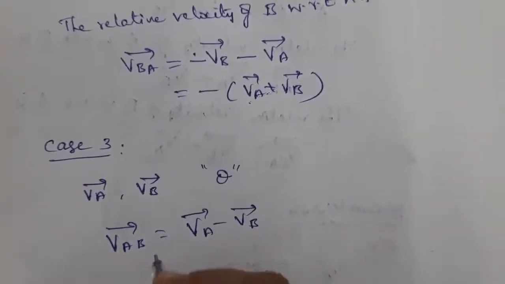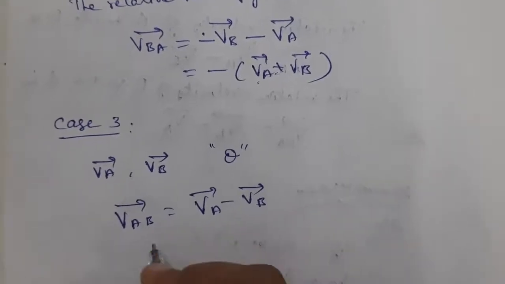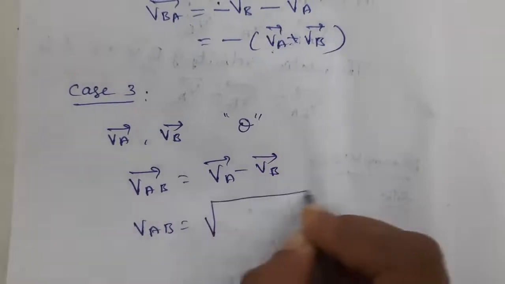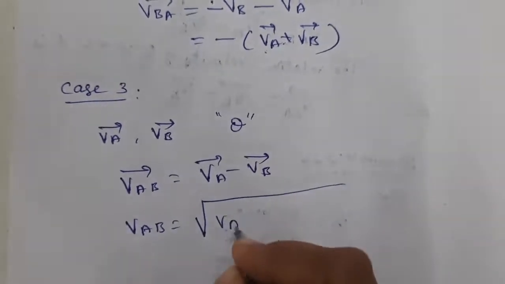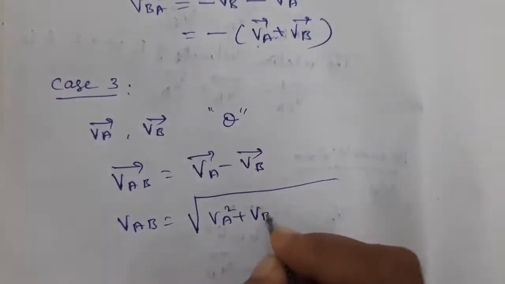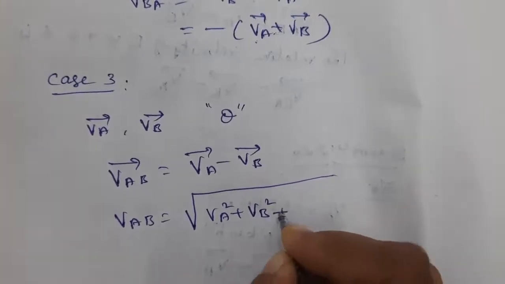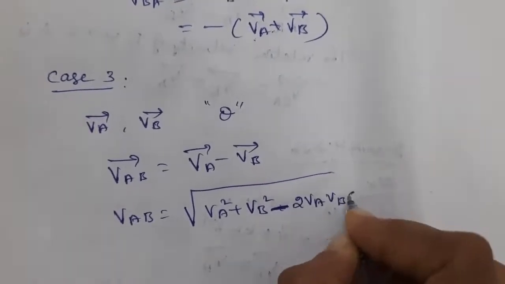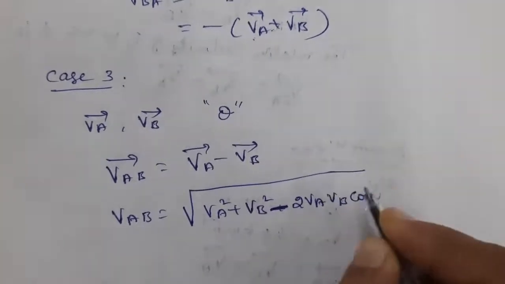Then the magnitude of VAB is given by VAB equal to root of VA square plus VB square minus 2 VA VB cos theta.